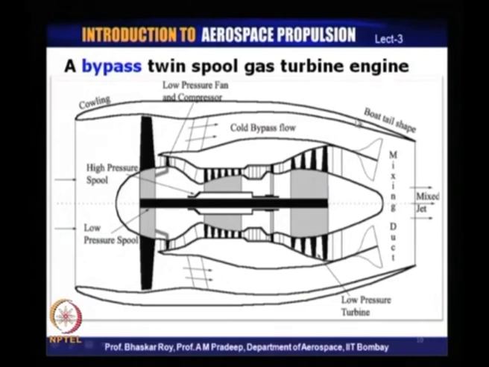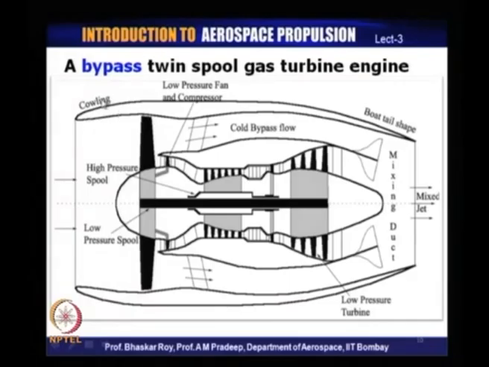There are a few other components that are very important for the efficient operation of a jet engine. The first thing is, as I mentioned earlier, every such jet engine has an intake. Now, this is the kind of intake that all jet engines would have, and flow comes in through it, and hence it is called an intake.